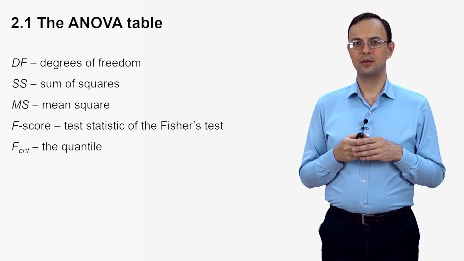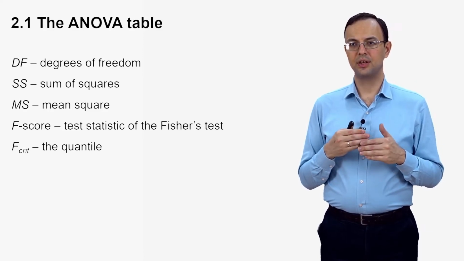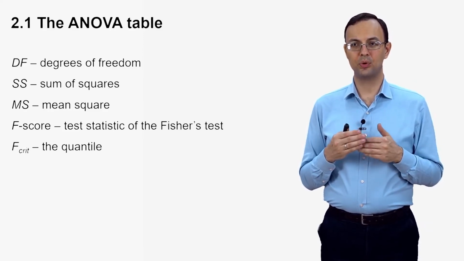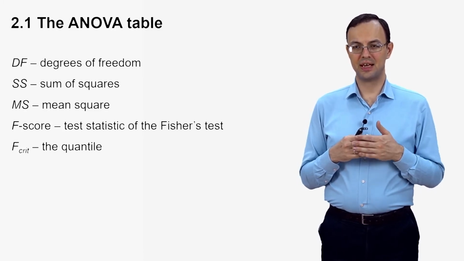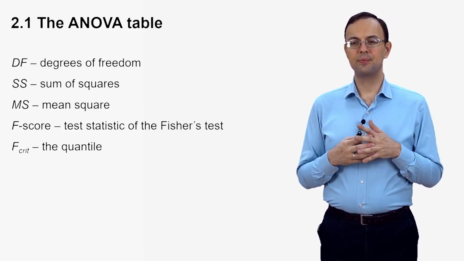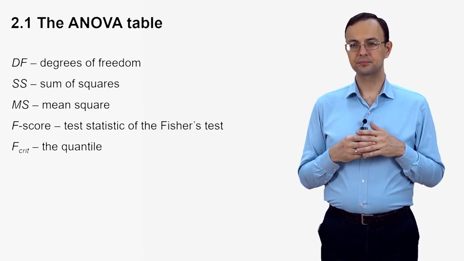So while solving the two-way ANOVA problem for the normal case using the Fisher's test, you usually fill the ANOVA table.